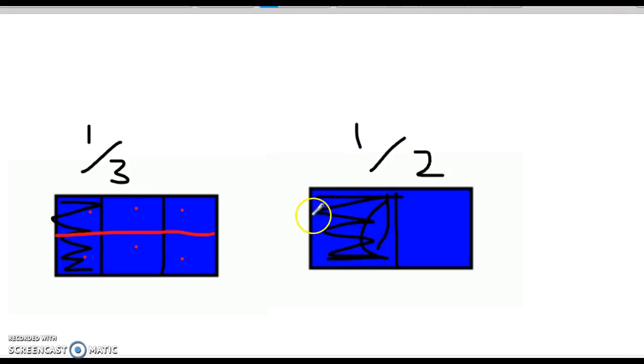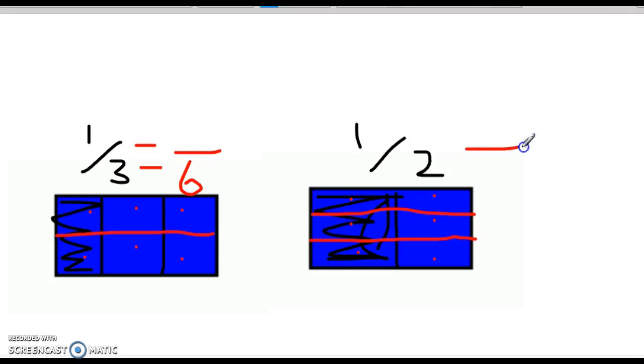So I know I can also turn this over here into 1, 2, 3, 4, 5, 6 pieces. So it looks like a common unit for both of these would be to turn them into sixths. So I'm going to turn both of these into sixths.